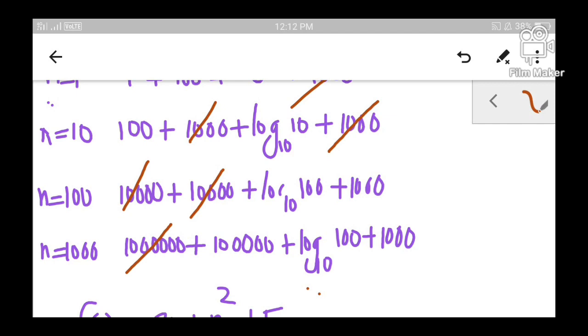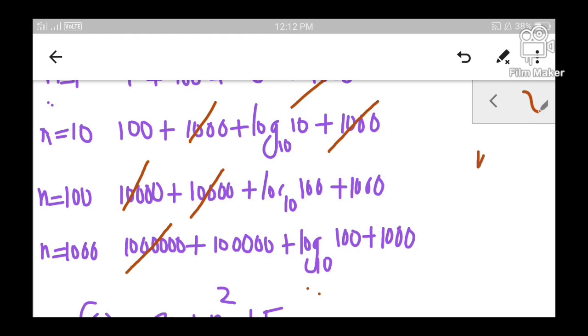So in this way we can say that with increasing values of n, for any function f of n, the term which is associated with the highest power of n will be the only term which contributes more.